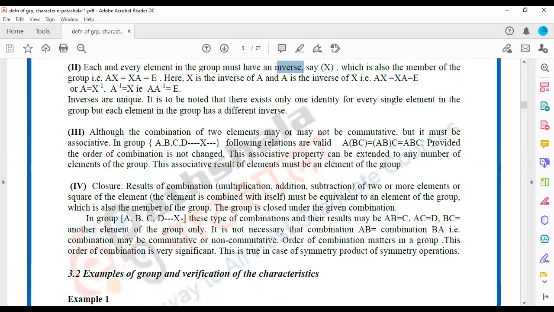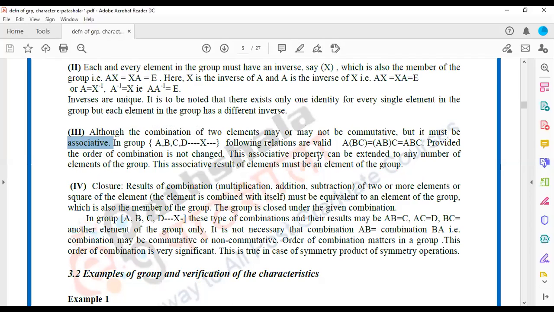Third one is known as the associative rule. What am I telling here? It has the elements A, B, C, D up to X, and so on.